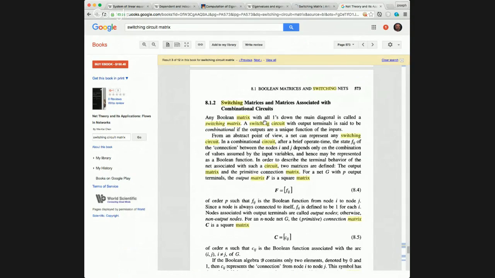Fundamentally, a component that Warfield has throughout his work, his early work, and all his work, is that it's a Boolean matrix. The switching can be represented, because it's Boolean, either 0 or 1, so the switch can be represented as a switching matrix. And the mathematics that go with the switching matrix are very important.